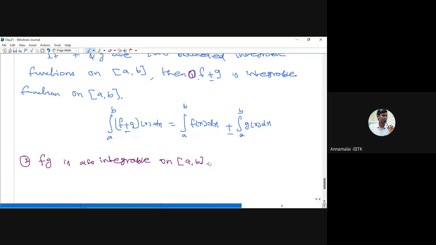Clearly the integral value is the product of these. Now for scalar multiplication, if you take some scalar c, then c times f is also integrable on the same interval a comma b. The integral of c times f of x dx is c times the integral of f of x dx.